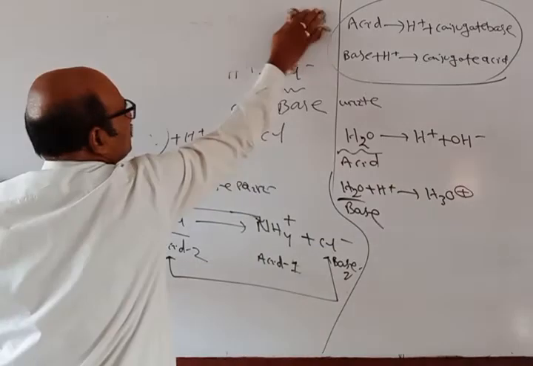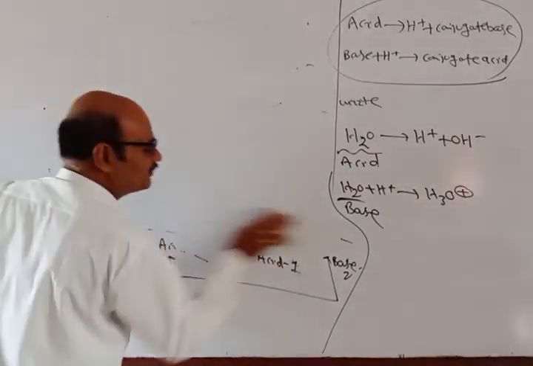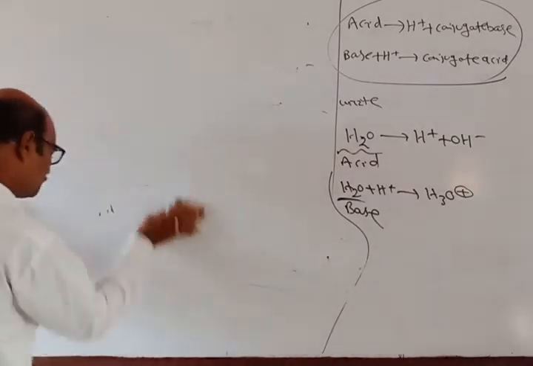Now let us see how to find the conjugate acid-base pairing of substances.